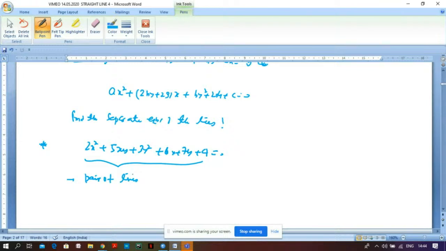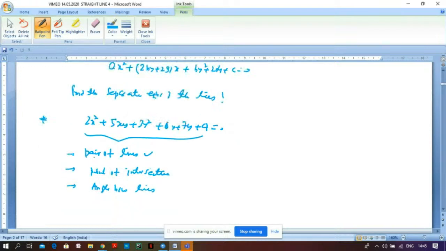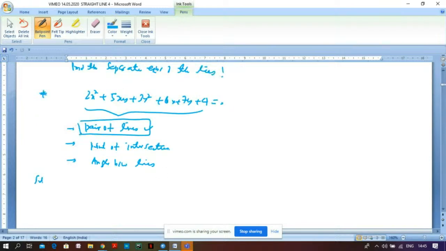So first, finding the pair of lines. Then their point of intersection, which is not the origin now, and it's not homogeneous. And third, you have to find the angle between the lines. The main question is the pair of lines; once you find that, the other two will follow. So let's do it.